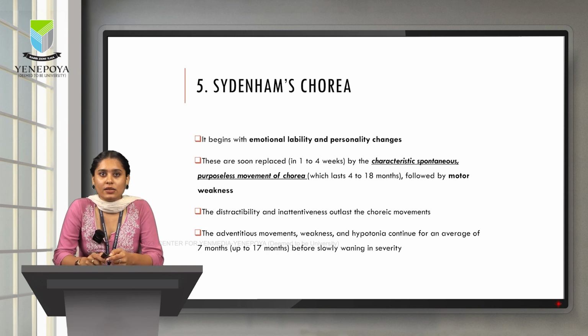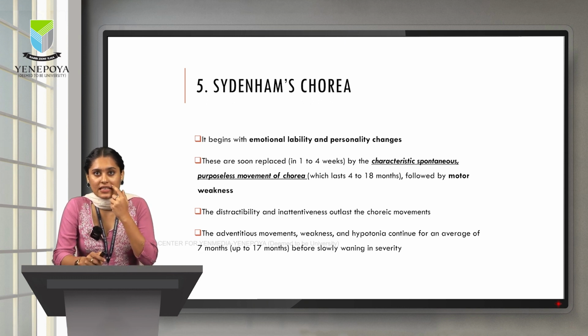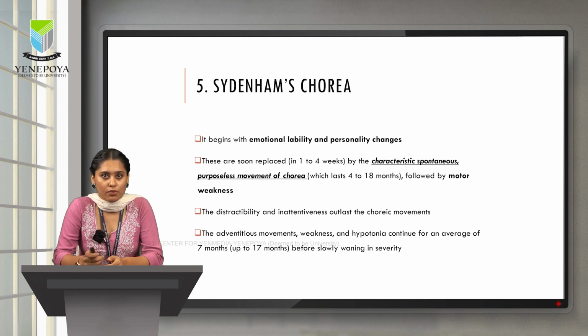So this distractibility and inattentiveness outlast the choreic movements. What happens? The distractibility and inattentiveness usually will outlast the choreic movements, that is, the purposeless movements. The adventitious movements, weakness and hypotonia continue for an average of 7 months.